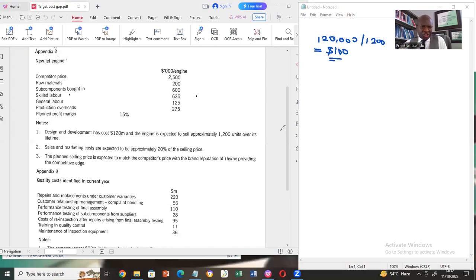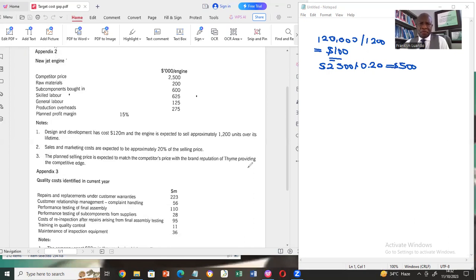And then note 2, sales and marketing costs are expected to be approximately 20% of selling price. The selling price we already know is 2,500 multiplied by 0.2. And this will be $500.